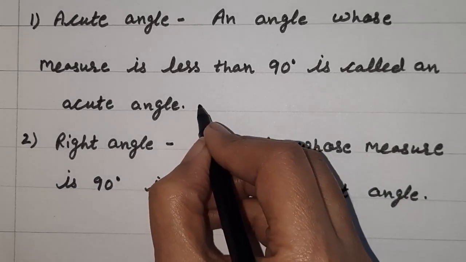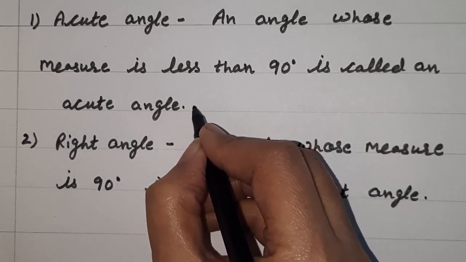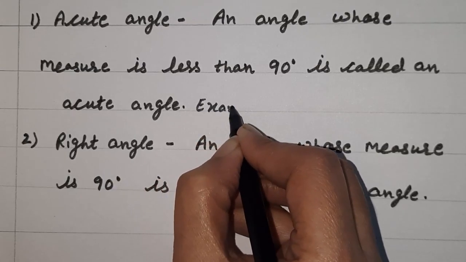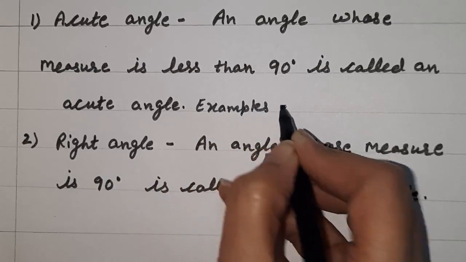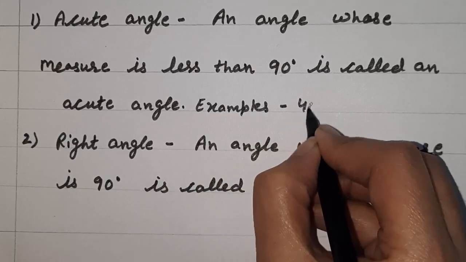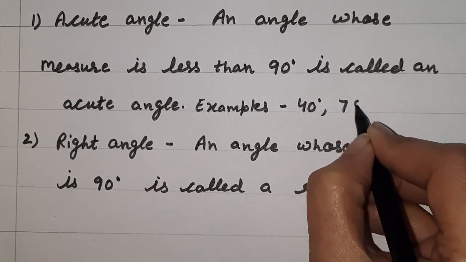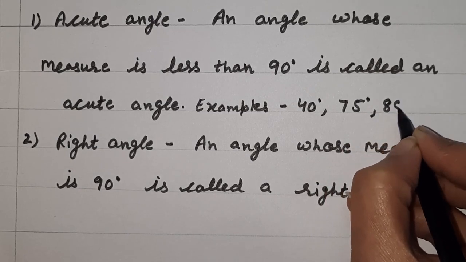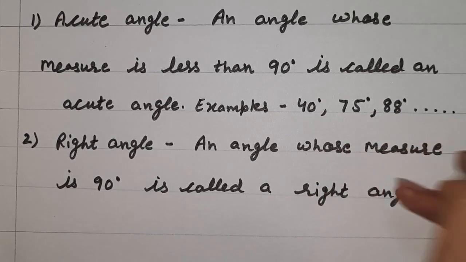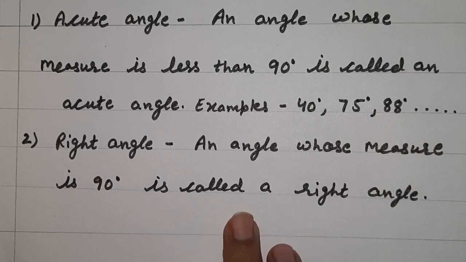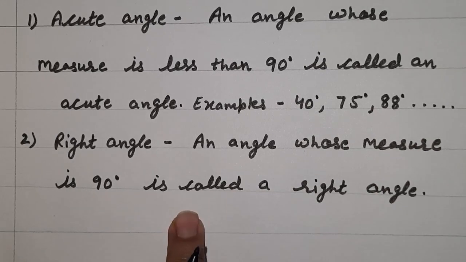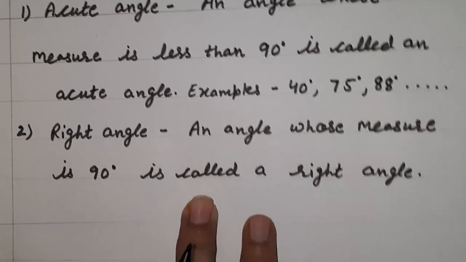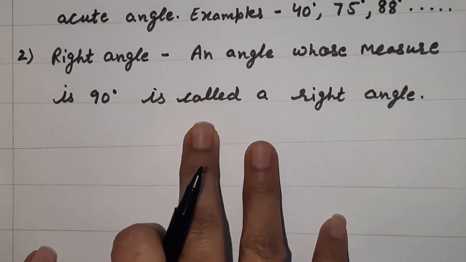What can be the example for that? Examples for acute angle: 40 degree, 75 degree, 88 degree, and so on. And an angle whose measure is 90 degree is called a right angle. Okay.